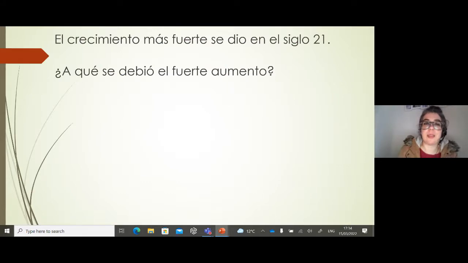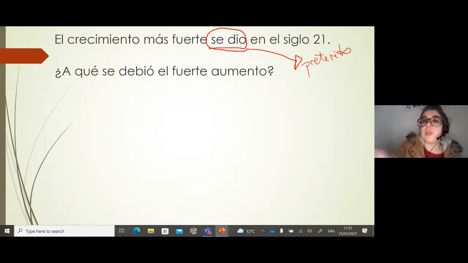El crecimiento más fuerte se dio en el siglo XXI. ¿A qué se debió el fuerte aumento? So se dio is a verb. Can you remember which tense it is? If you said past tense, pretérito, past tense, it's correct.